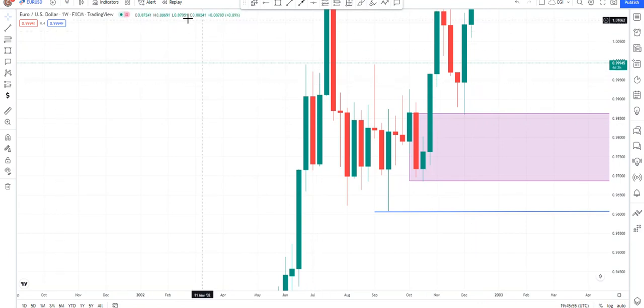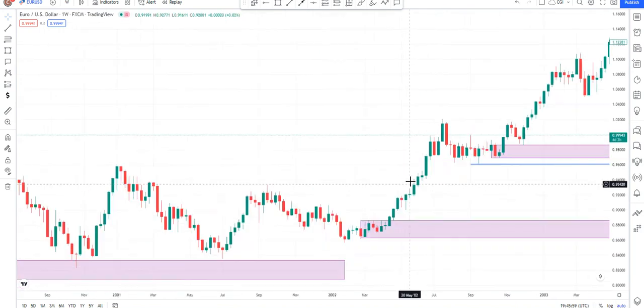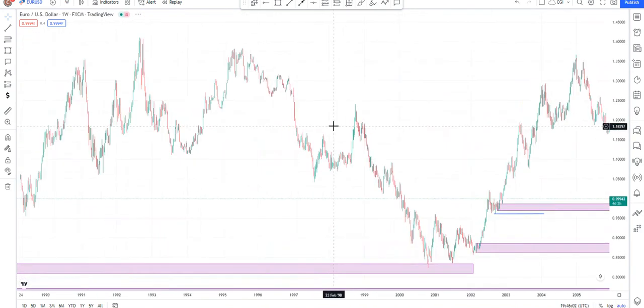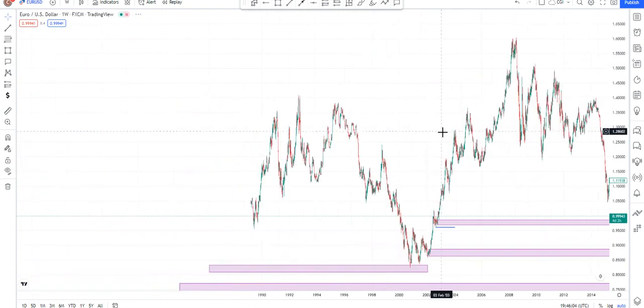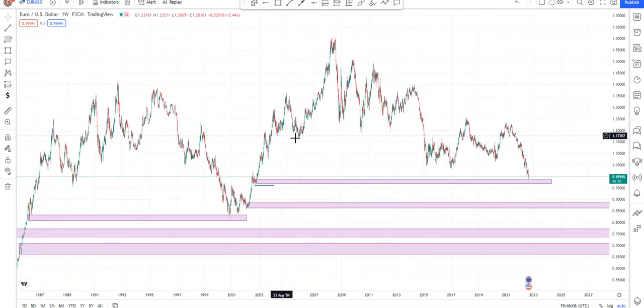I'm not expecting it to, sha, because the bearish move is really strong. We've already taken out major liquidity. Okay, we're taking out this major liquidity. So I expect it to correct to the very end, to the very first imbalance down here.